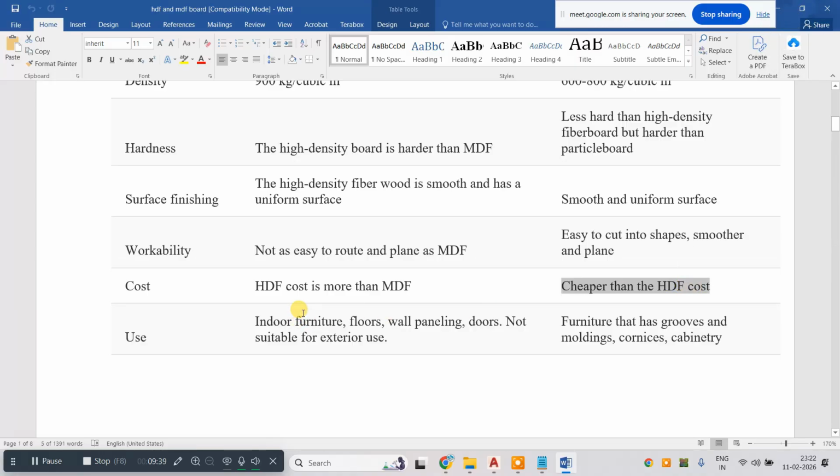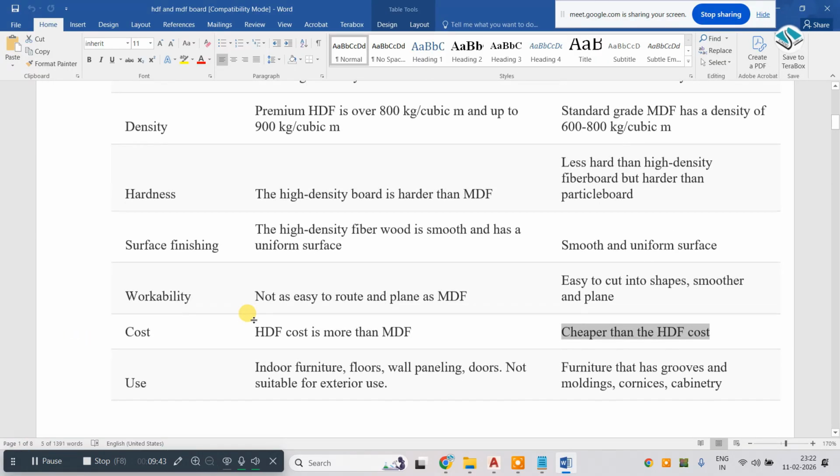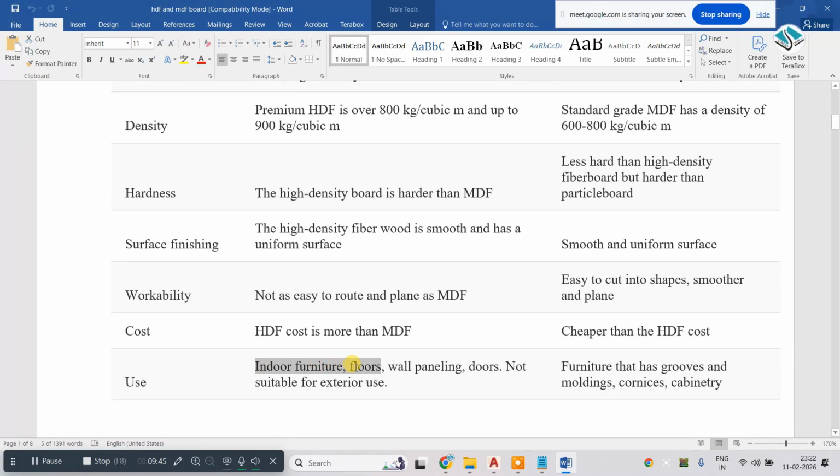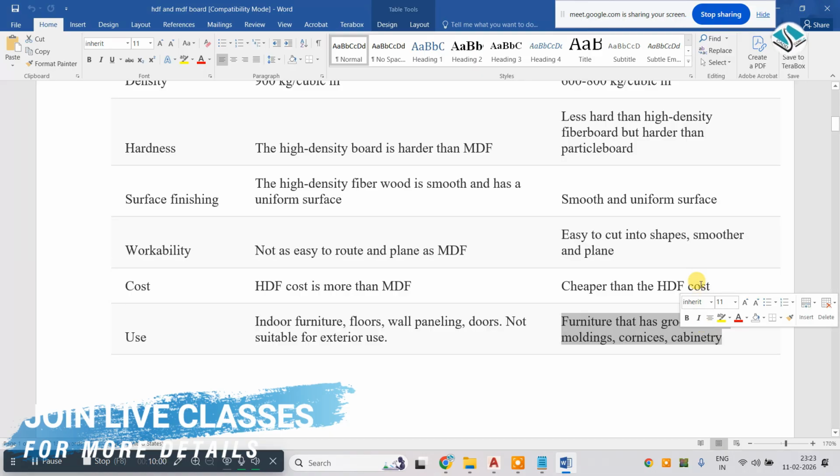Uses of these boards, HDF: we can use it for indoor furniture, flooring, wall paneling, doors, but not suitable for exterior use. HDF furniture that has grooves and moldings, cornices, cabinetry will be good.